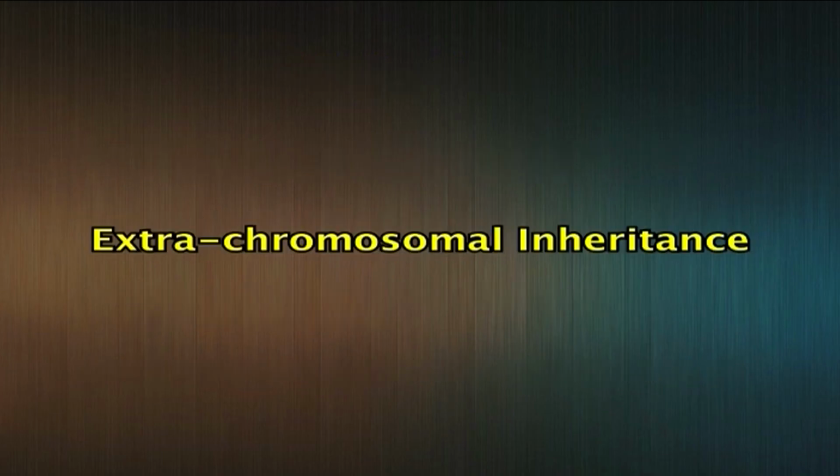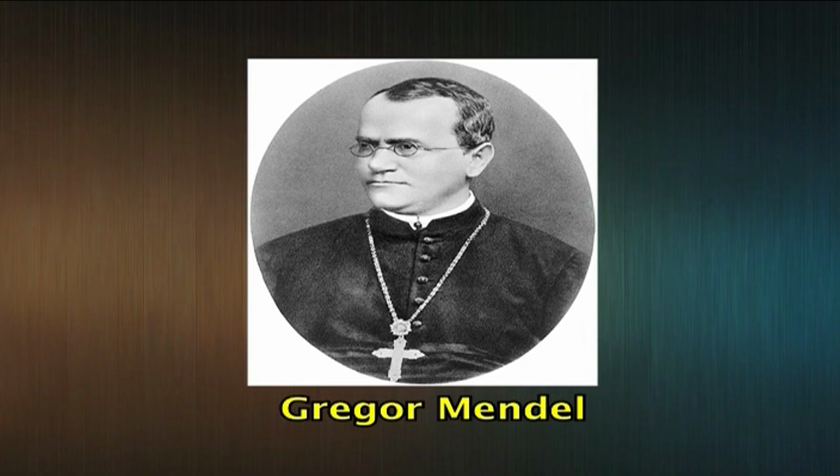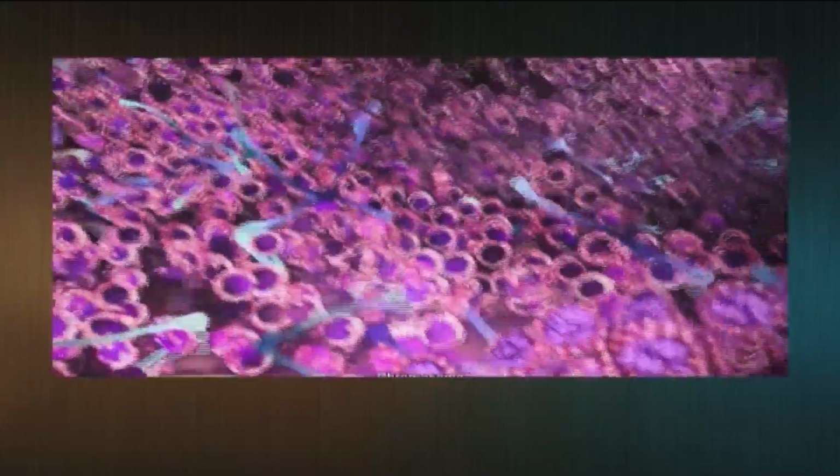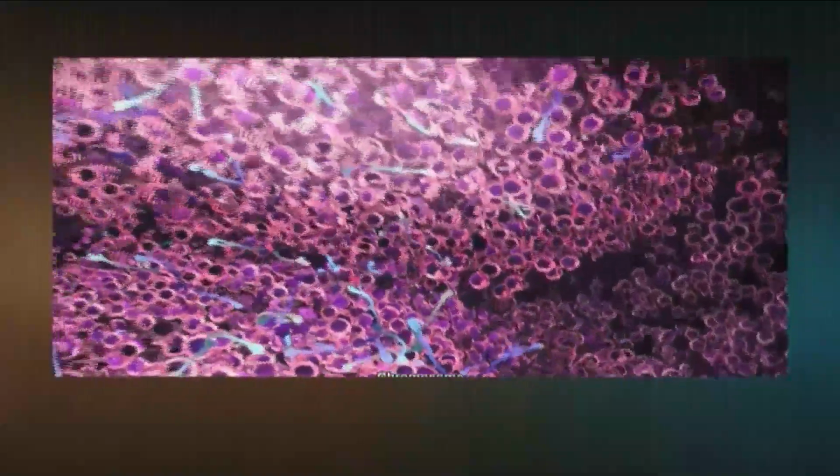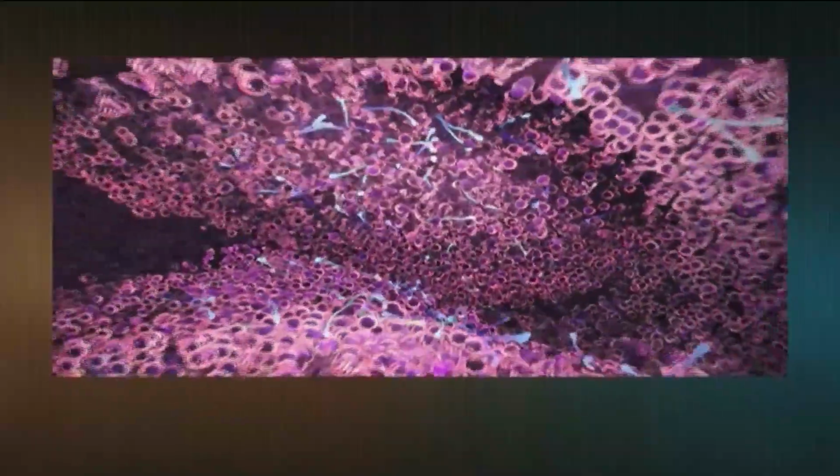Now, we will start with extrachromosomal inheritance. The speculation that chromosomes might be the key to understanding heredity led several scientists to examine Mendel's publications and re-evaluate his model in terms of the behavior of chromosomes during mitosis and meiosis.